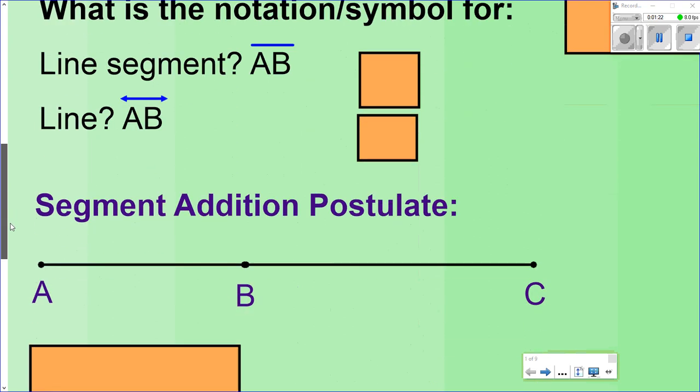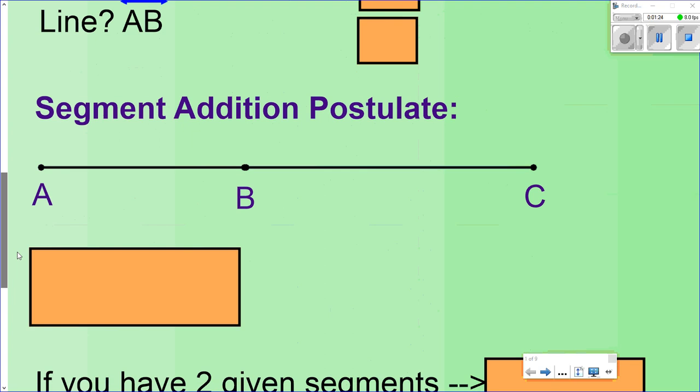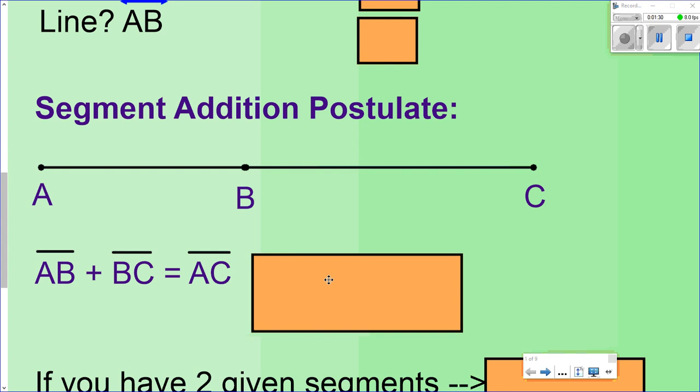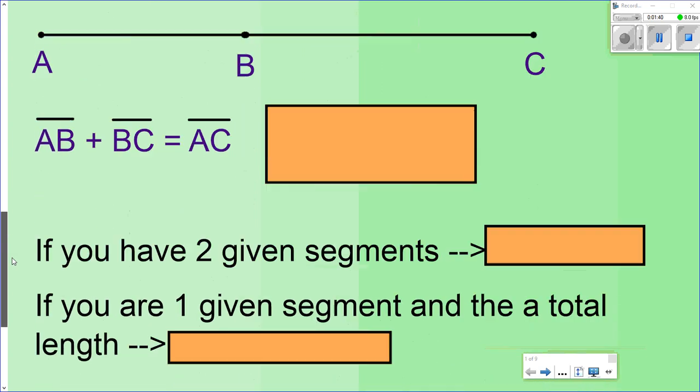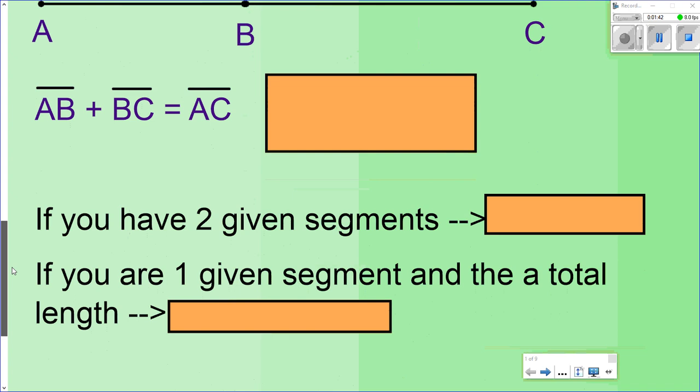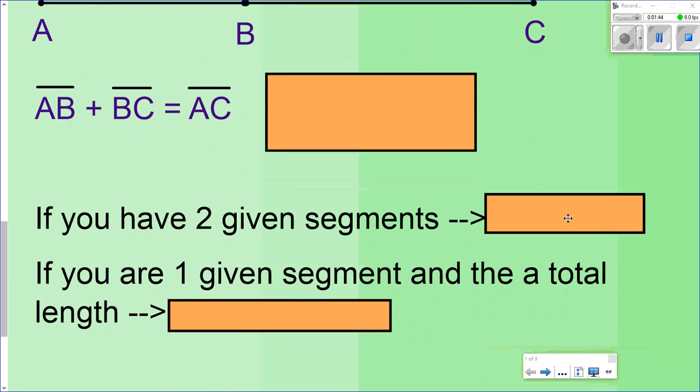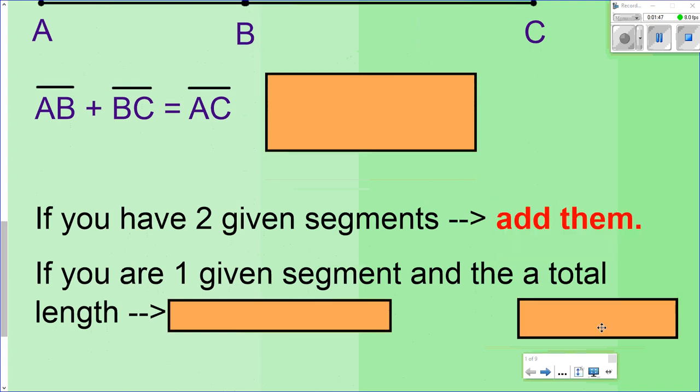We also learned about the segment addition postulate. You've got a segment, you put them together, and then you get a whole segment. So for this one, you have segment AB plus segment BC equals segment AC. If you have two given segments, in order to find the total, you would add them.